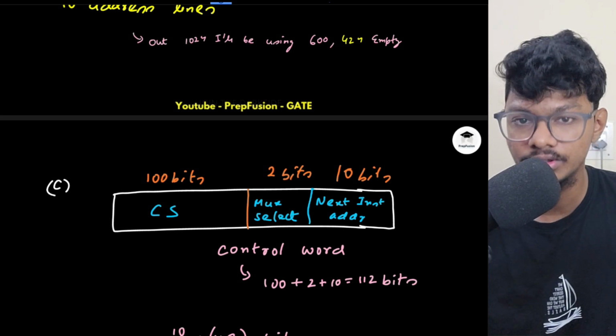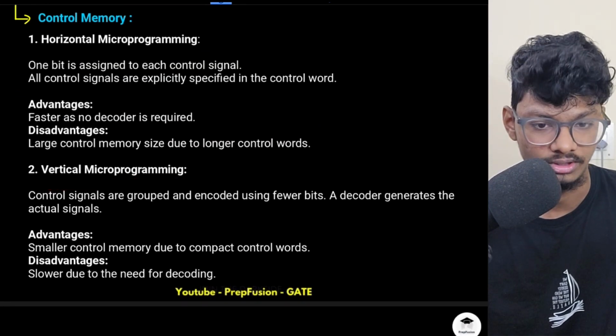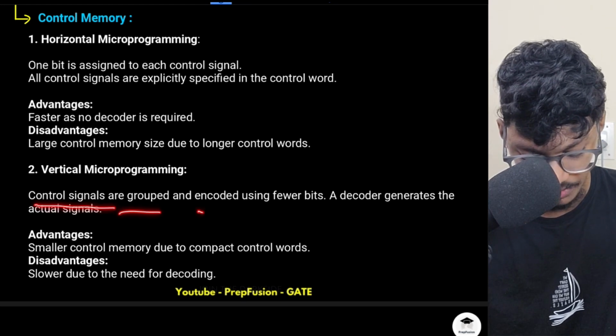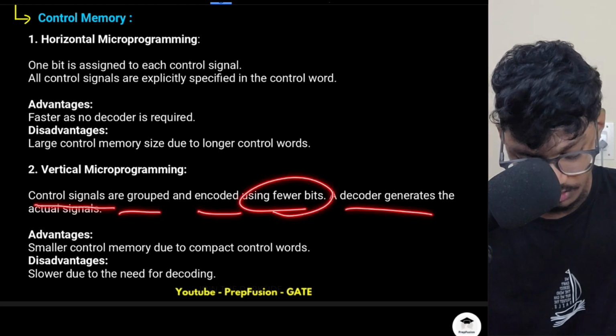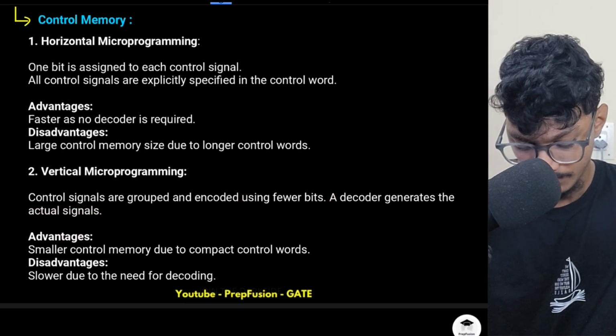So if I want to reduce the space in the control memory, we can use a concept known as vertical microprogramming. This happens when control signals are grouped and encoded using fewer bits. A decoder generates the actual signal. Okay, how do we do it? I will explain. Just understand this.